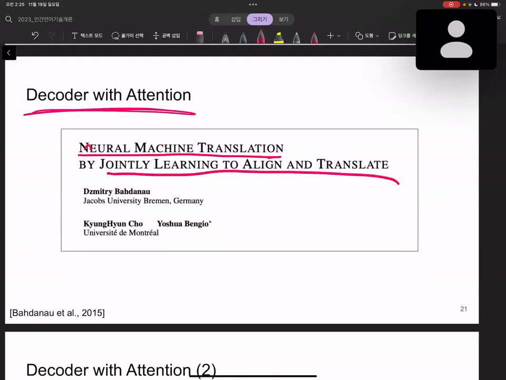So this is the first paper. I think this is the first paper where NMT terminology is used, from the same institution, University of Montreal.